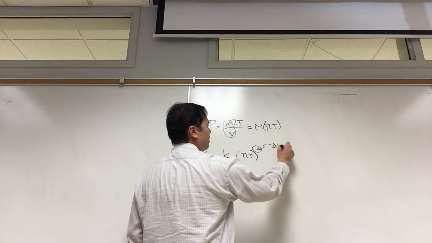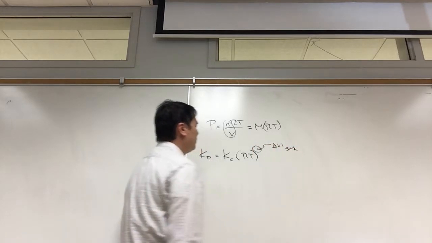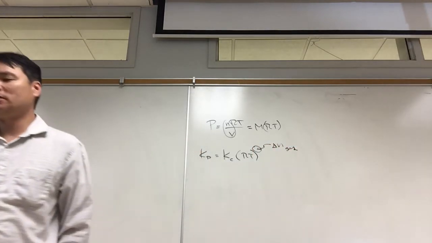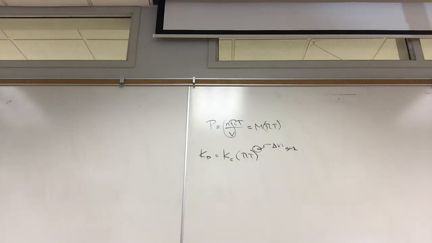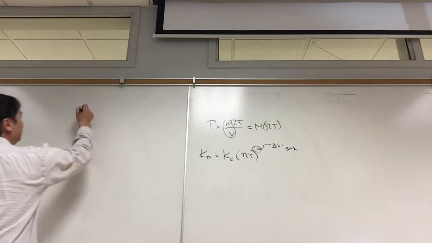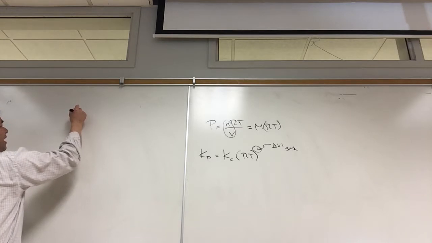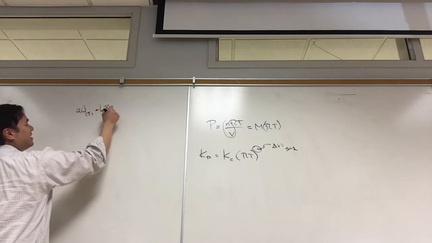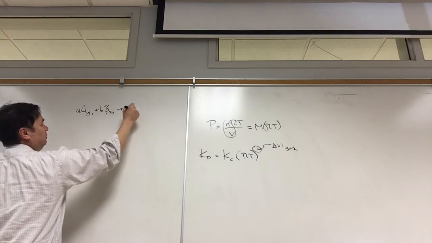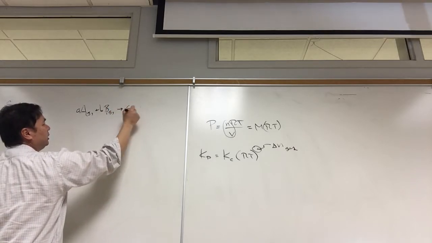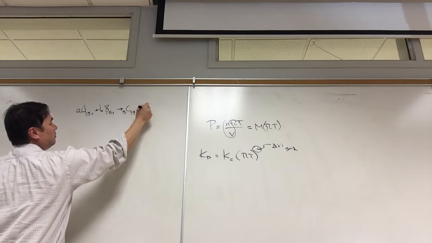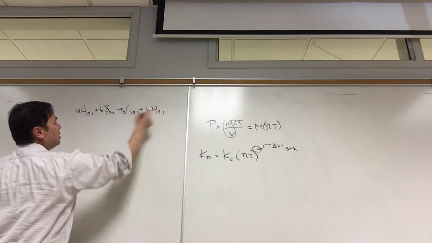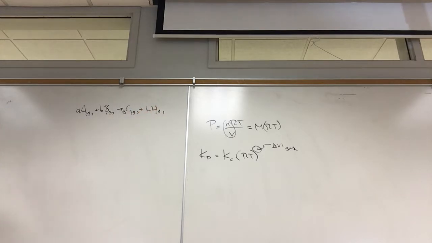Delta n of gas: if the number of moles of gas do not change, then we could do this quite quickly. For example, if A is a gas plus B is a gas goes to G, which is a gas, plus H, which is a gas, and the number of moles of gas don't change, then this is what we're going to see.